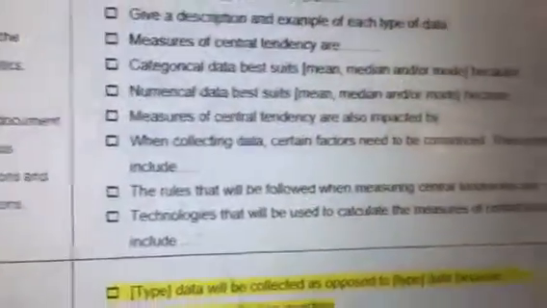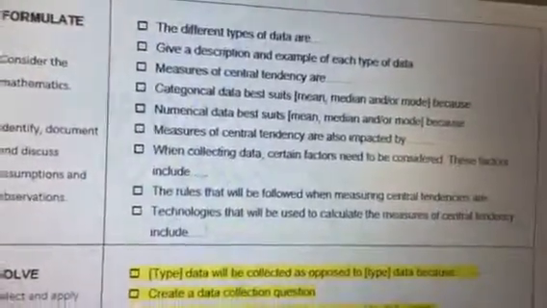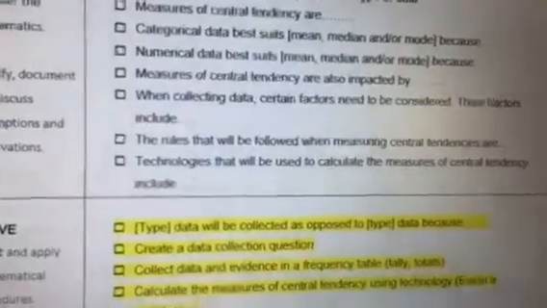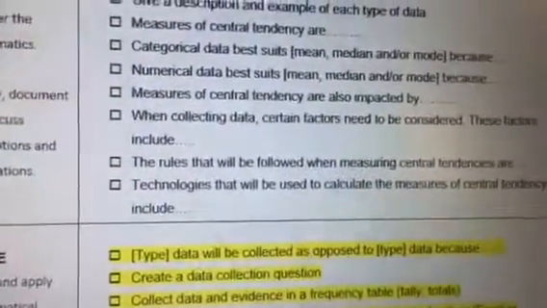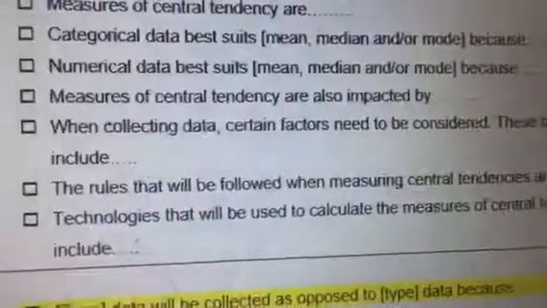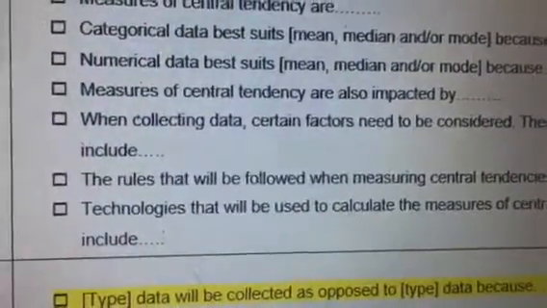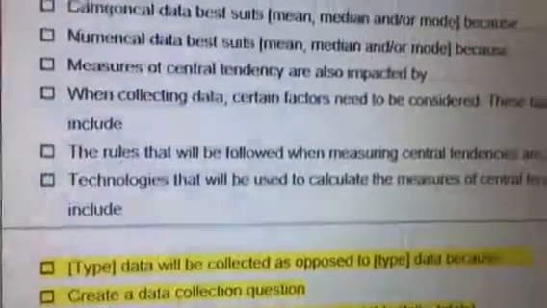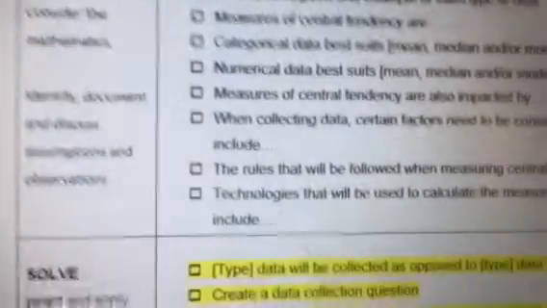You stated that in your introduction or in your formulate stage, the fact that outliers are those numbers that are significantly bigger or smaller than the rest of the data, and that they impact the measure of central tendency. That was the other big statement we made in our formulate stage.